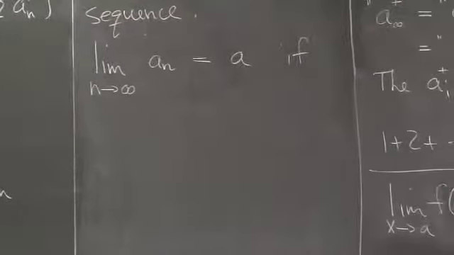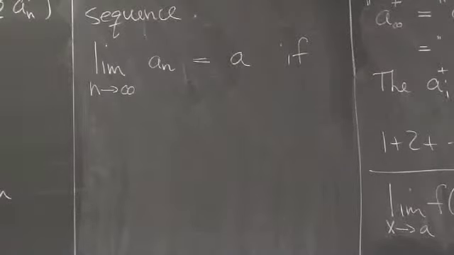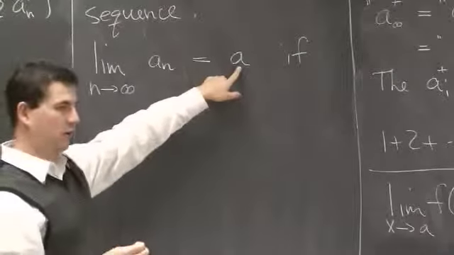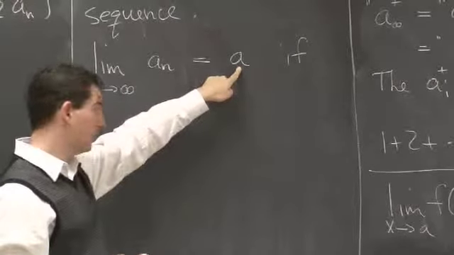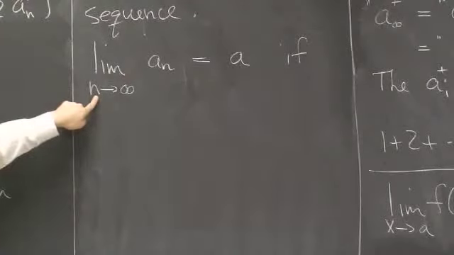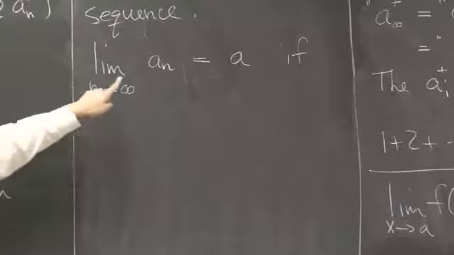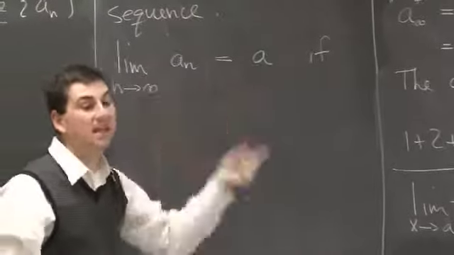well, informally, we're going to say: as close as you want to get to A, we can go out far enough in the sequence so that you are that close to A, and you stay that close.